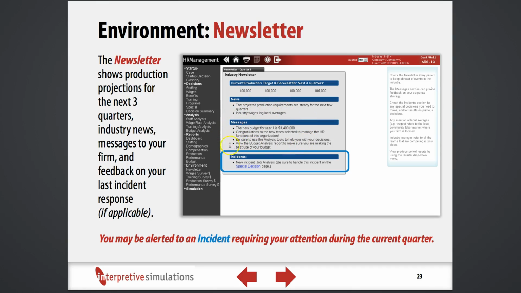It also gives you particular messages and feedback on how well you're doing in the simulation so far, and also it will tell you what the next incident is that you need to do. They usually will tell you. You have that information right on your simulation guidelines, but the newsletter will also tell you what the next decision is, so you're aware of that.